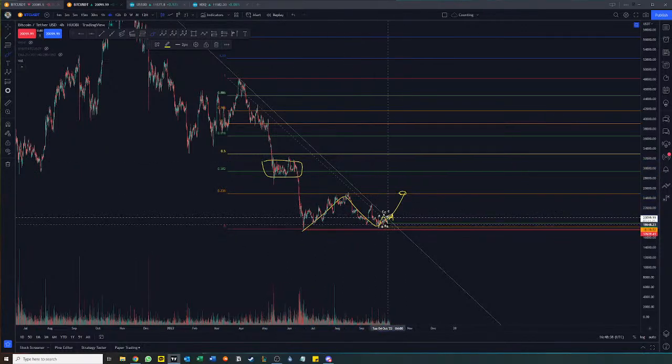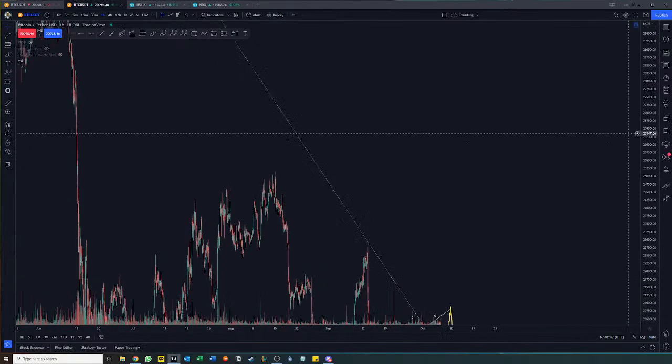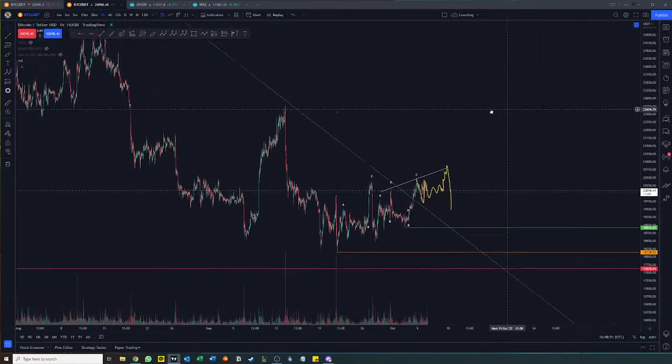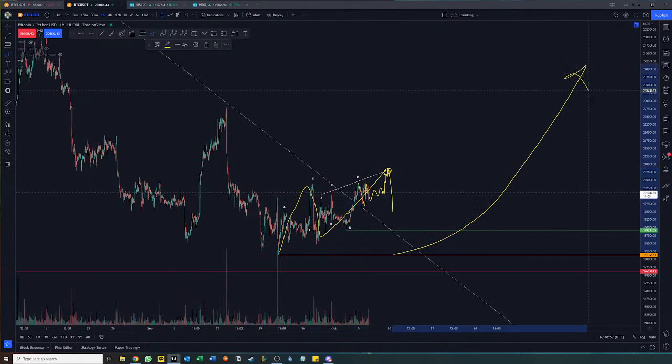So like A, B. Huh. Maybe not. I don't know. This is a little too big for me to analyze. But it's possible that this ABC can be completed here, or if you see even upwards, then this could be a leading diagonal, something like 1, 2, 3, 4, 5.